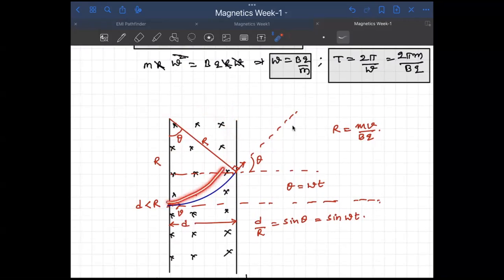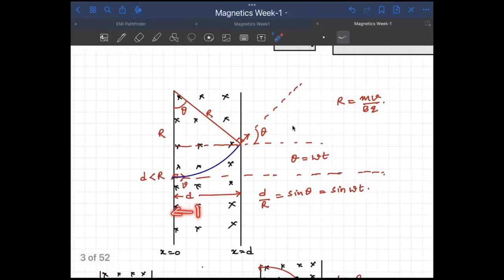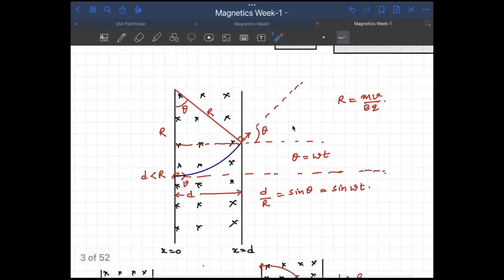It may take a quarter circle and may move like this. Even it may take a semicircle and may move like this. All these are possible. Therefore, this gap is d, and it is projected with velocity v. Now, at this point, it is going to be theta.